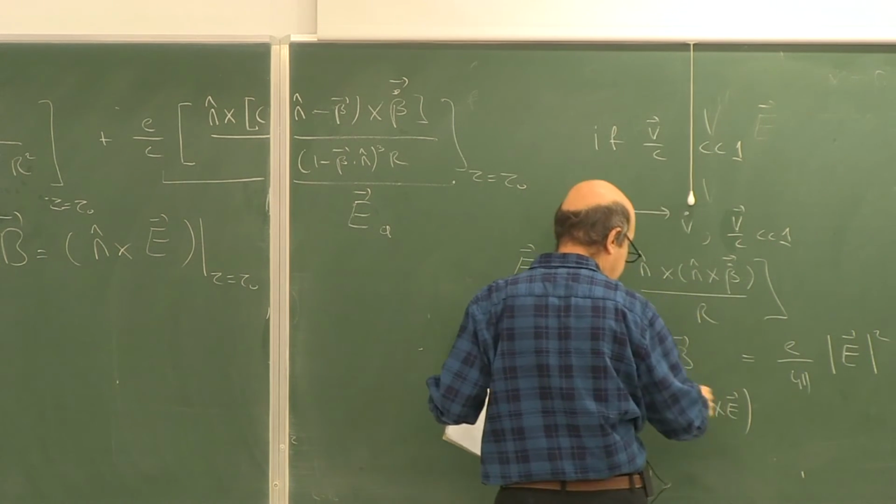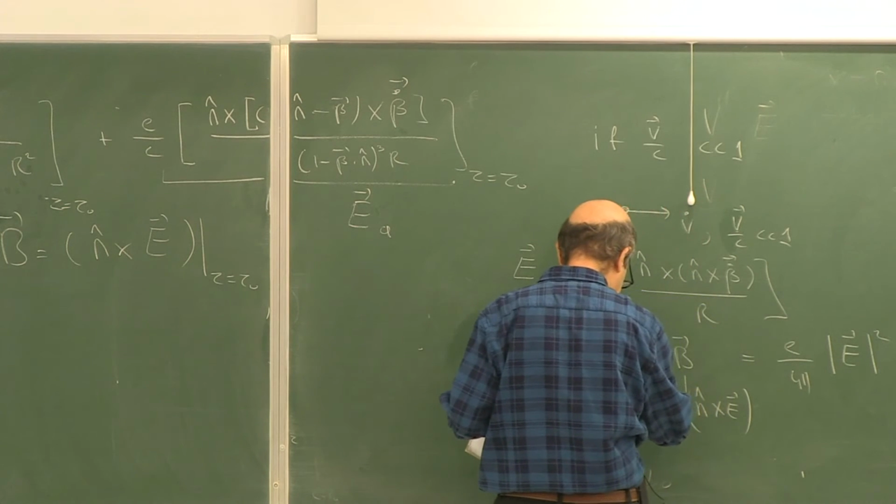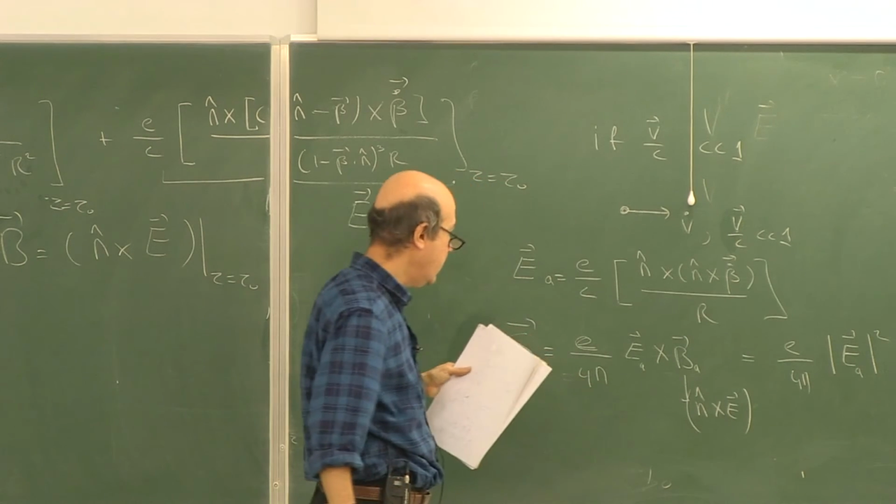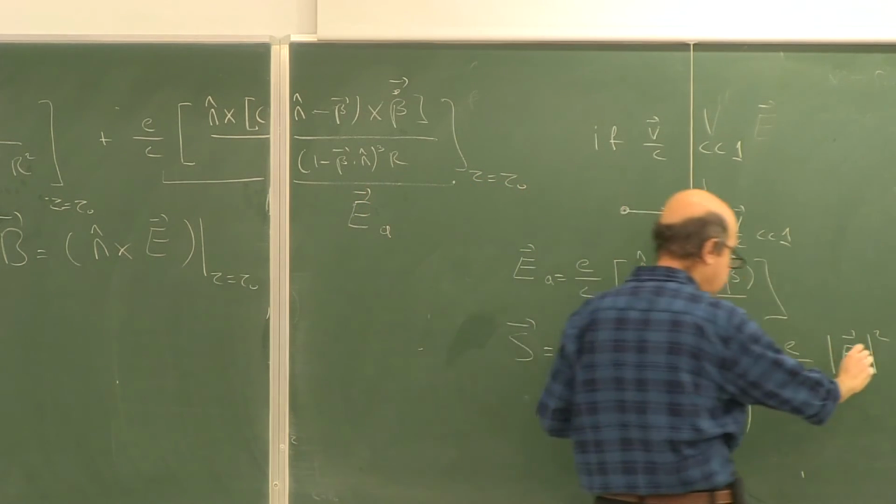E is nothing but the field of the accelerated charged particle, and this is along the direction of n.